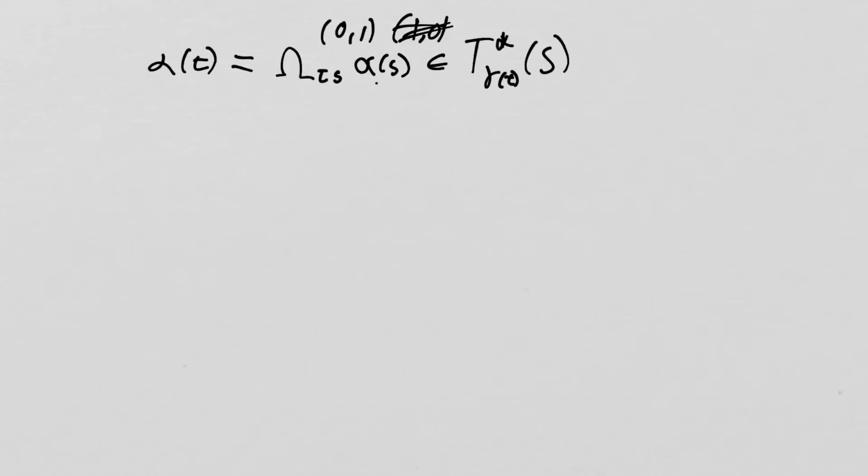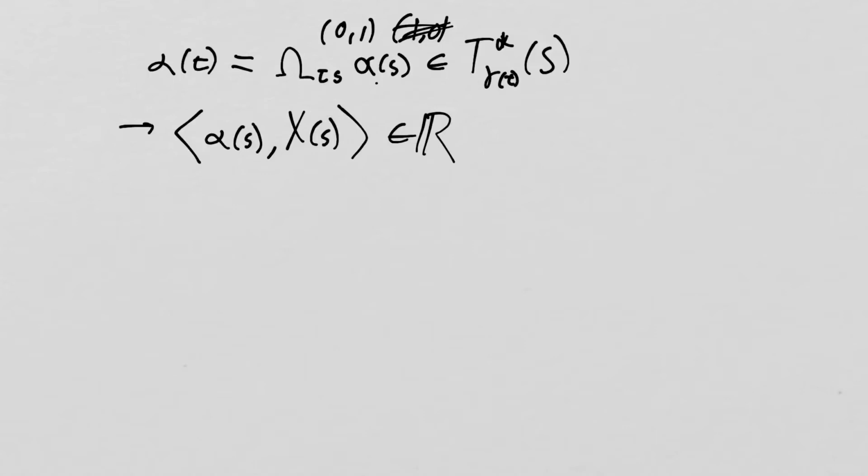Okay, so with that, what is our guiding principle? Well, what is a one-form? A one-form, alpha of S, is something that eats a vector. So I'll put in some arbitrary vector at S, and it gives you a real number, right? We know that from our earliest days.